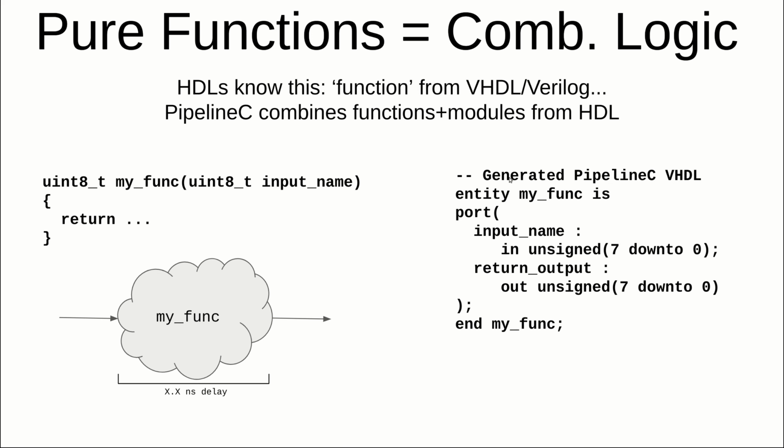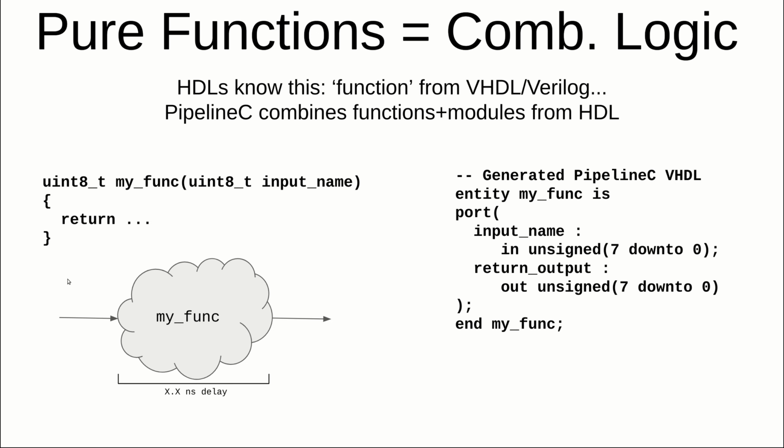On the right here is generated VHDL from PipelineC, and you get a module with the same name as the function, input ports matching the input arguments, and only one output port because C only allows one return value. And so what that ends up meaning is a lot of your return outputs are structs with multiple fields.